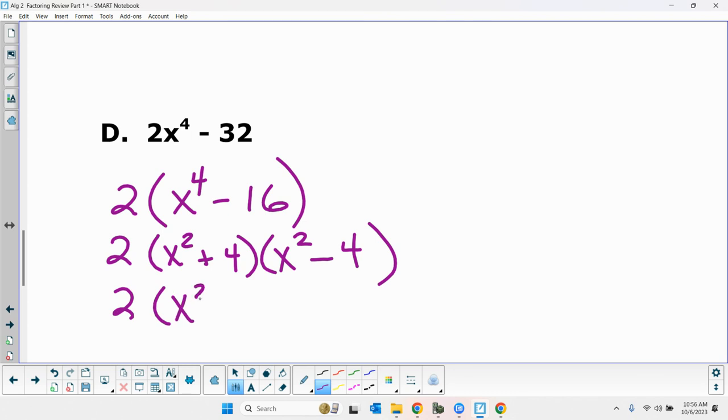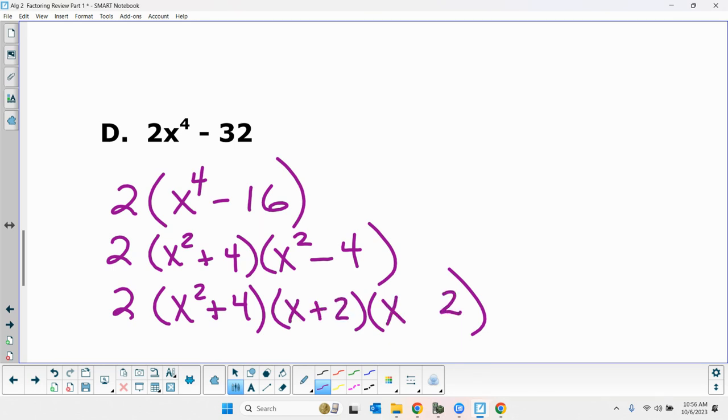No. Is this a difference of squares? Yes. It's like a factor tree, right? What's the square root of x squared? Square root of 4. Plus minus. Are we done now? Yes, done. Yeah, there's no more difference of squares left, is there?